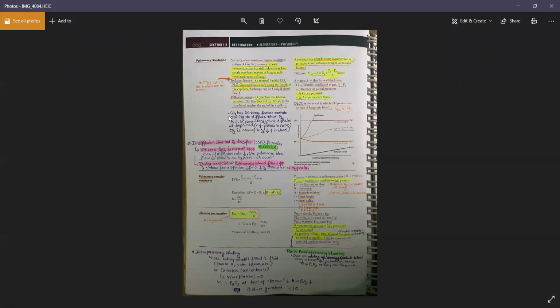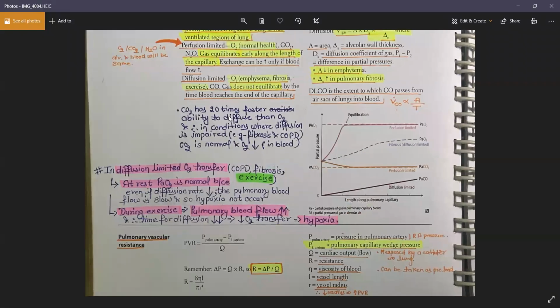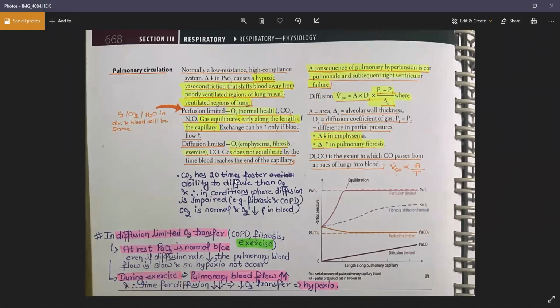Can I say that we have hypoxia in fibrosis or emphysema because O2 is diffusion limited and we have membrane damage? Yeah, exactly.